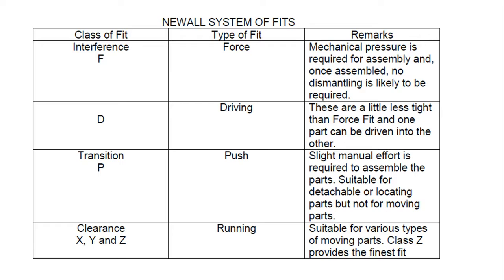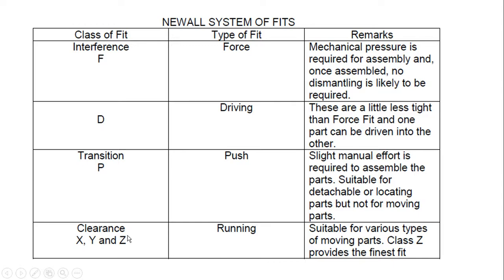Transition is actually a combination of clearance and interference. When we talk about clearance, that means there is an air gap between the hole and shaft, right? It always allows sliding and rotation. That's why it is also called the running type.